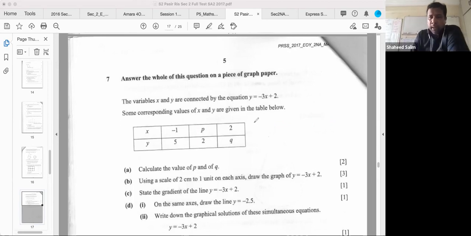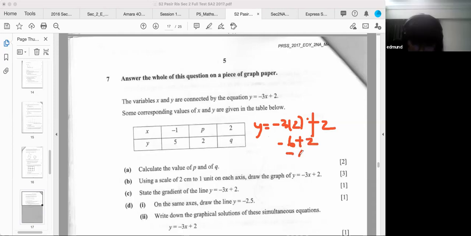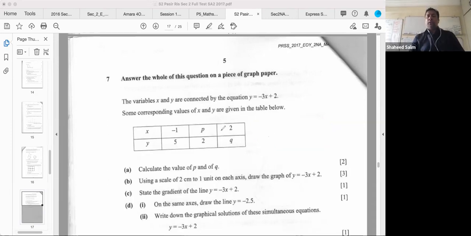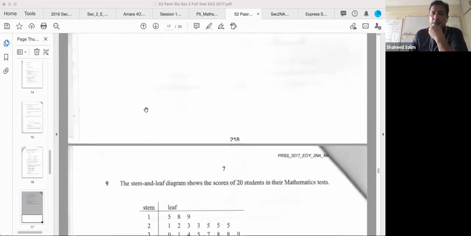So now, again, we are finding what is Y. We are giving x as minus 3, so minus 4. You can see now down here, because you have negative 3 times 2 is negative 6, plus 2. Correct, right, Edmund? So must be negative 4. Okay, so I assume if you want, after your tuition, you can draw this and then you can show it to me. Then I will WhatsApp you to tell you whether it's okay or not.